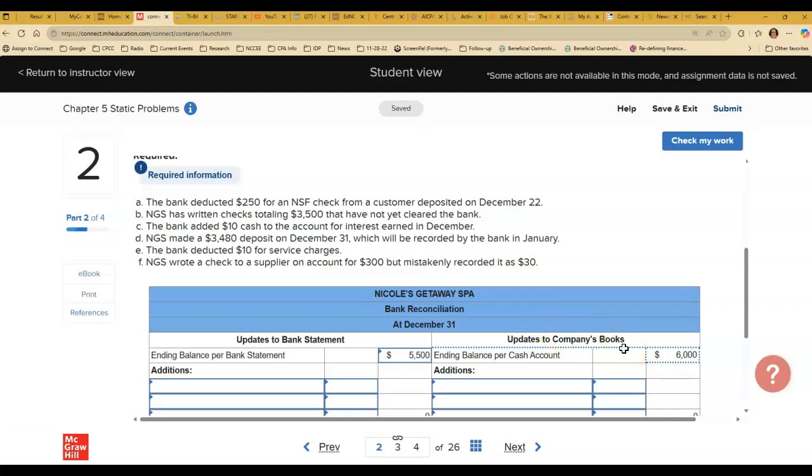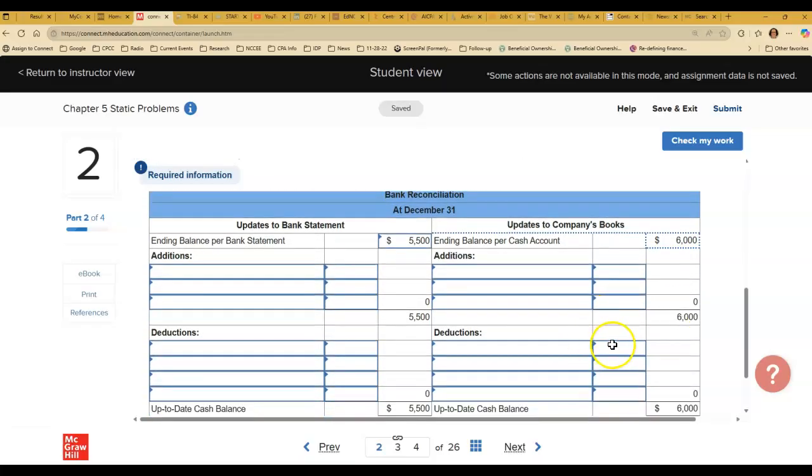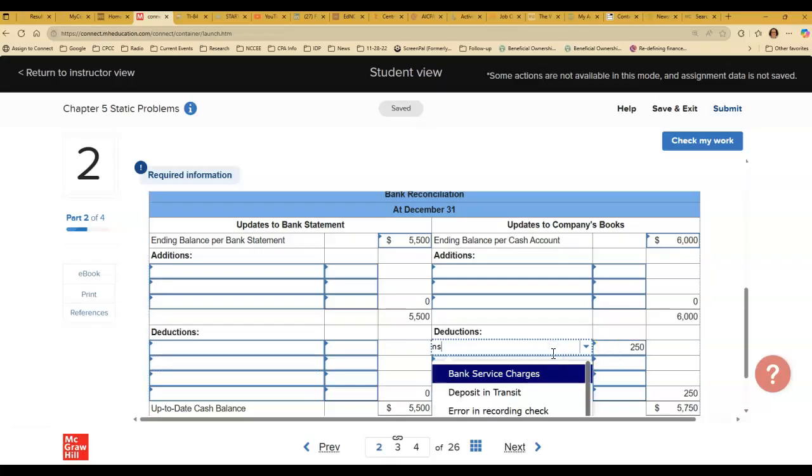All right, now here's the question. Is that 250 going to be an addition to our 6,000 or a subtraction? Good, it's going to be a subtraction. So, how are we doing there? Because understand what happened.